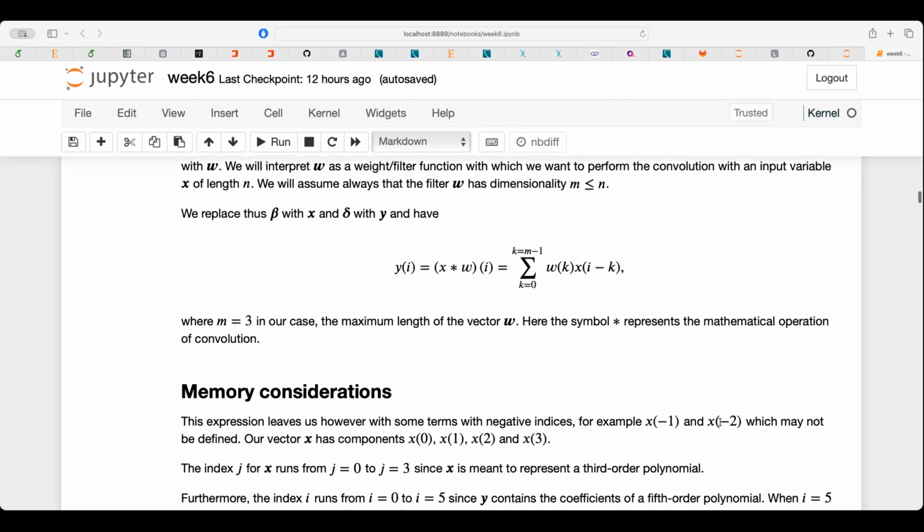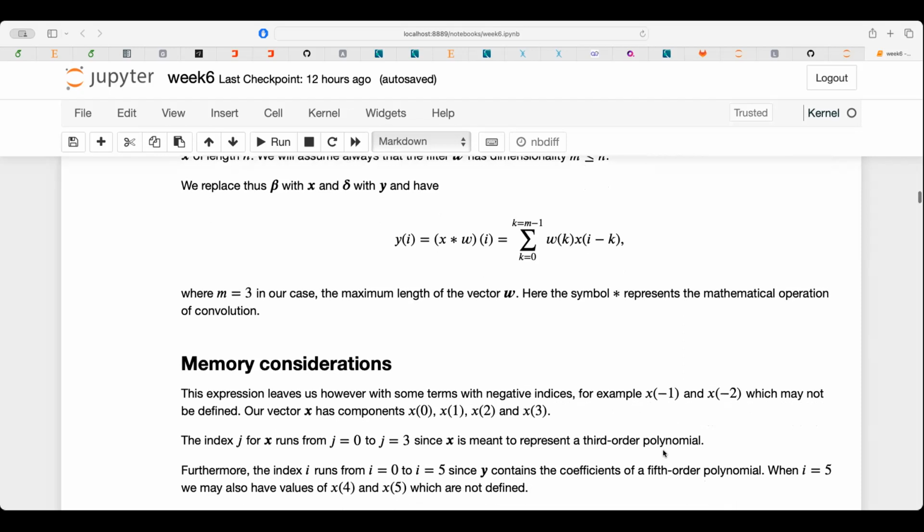So there would be an element of x minus 2, which I haven't allocated. So if I want to use this expression, that means that if you allocate memory, then you're trying to access an element which is not defined in your memory. So that's one problem.